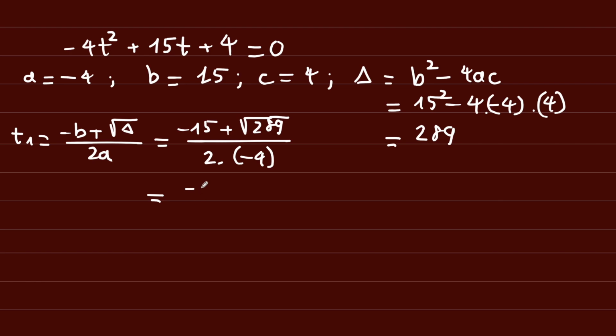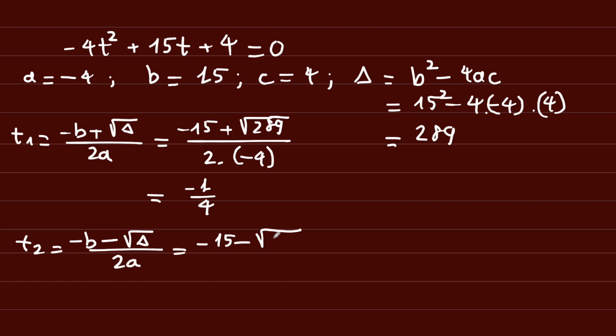You get -1 over 4. That is the first solution. The second one corresponds to the minus discriminant: minus 15 minus the square root of 289, over -8. Yeah, over -8. Let me check this out. Divide by 8, you get 4.